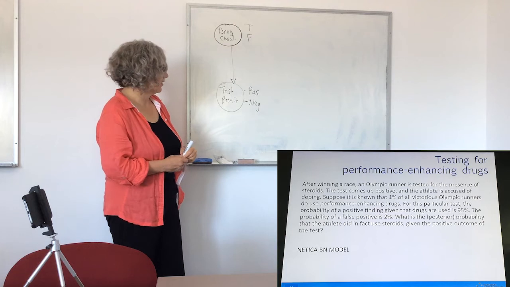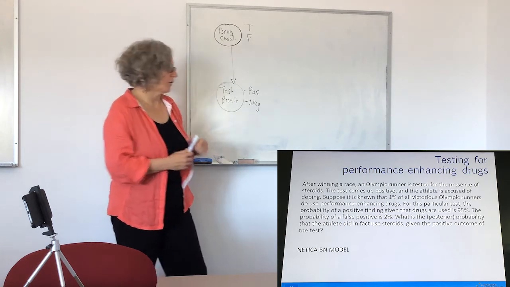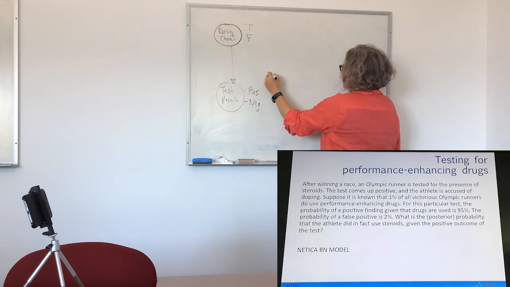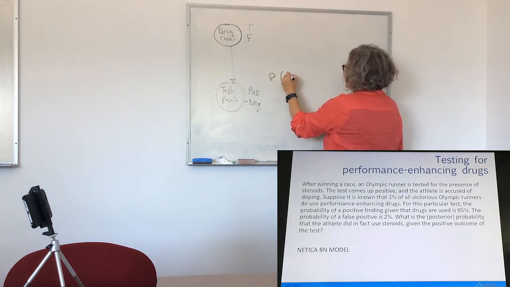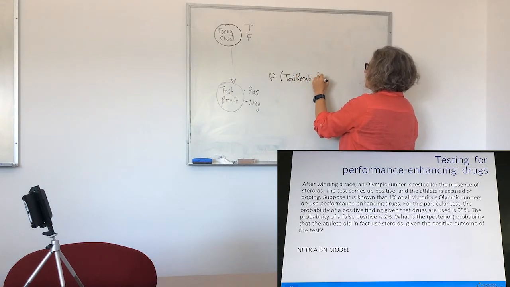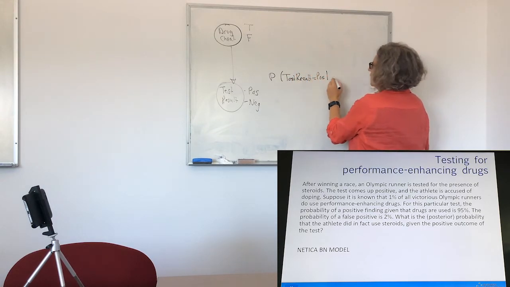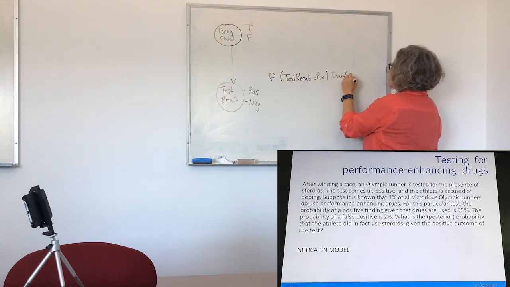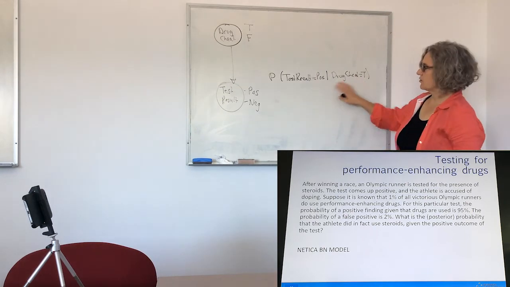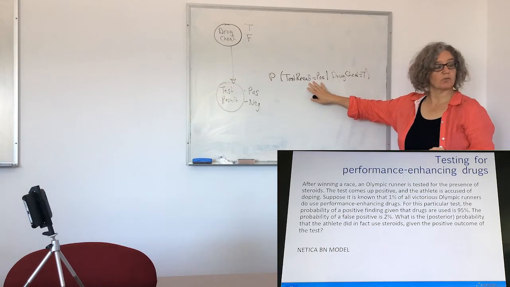And in particular, we know, because of the way we represent it, that there is a conditional probability. There's the probability of the test result equaling positive, given that drug cheat is true. If you are a drug cheat, what's the chance you have a positive test result?